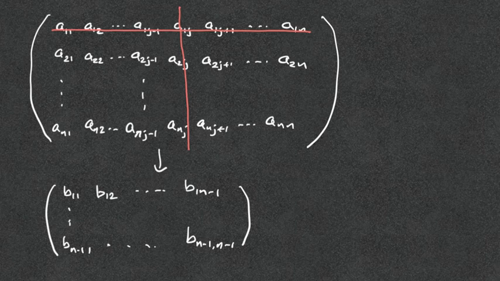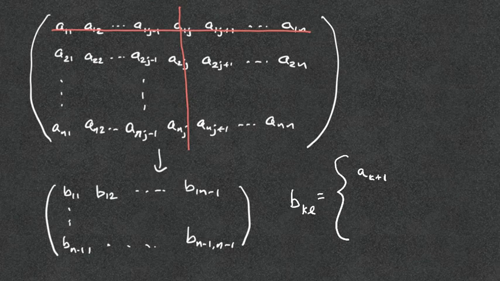Then what happens with this mapping is that we get something that looks like this. Our b sub kl entry is really going to look like, so all of our rows are going to shift up 1, and so this is really going to be a of k plus 1, because things are shifting down.